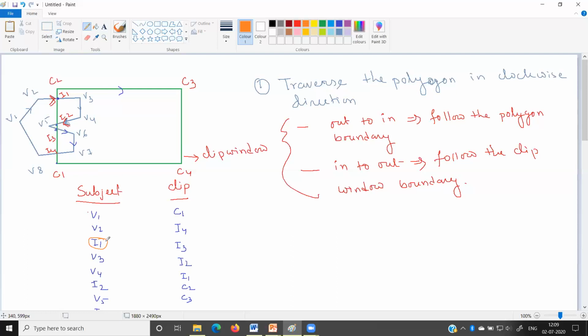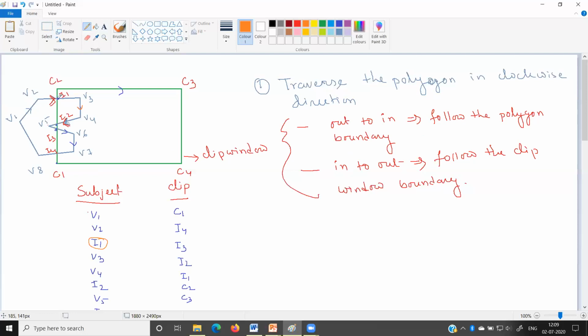While you move from I1, you can see that I move from I1 to V3. V3 is inside. Then I can move from V3 to V4. V4 is also inside, no problem. Then while I traverse from V4 to V5, V5 is outside. So as I am moving from out to in, follow the polygon boundary.